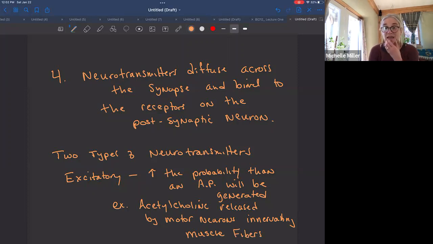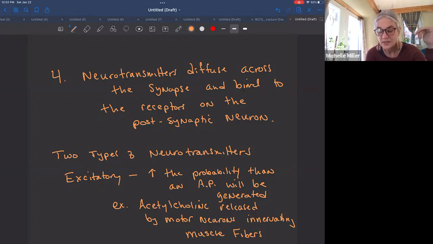When we talk about the brain, we might also talk about dopamine. Dopamine is excitatory. It causes more action potentials to be generated, and it's really important for mood, like having the ability to just kind of do stuff, right?